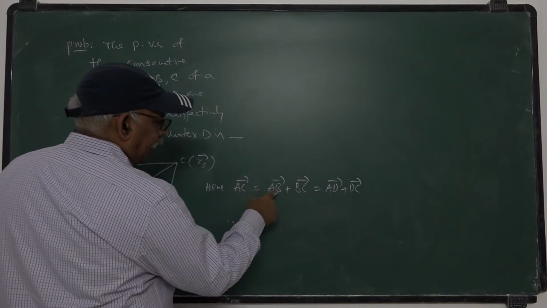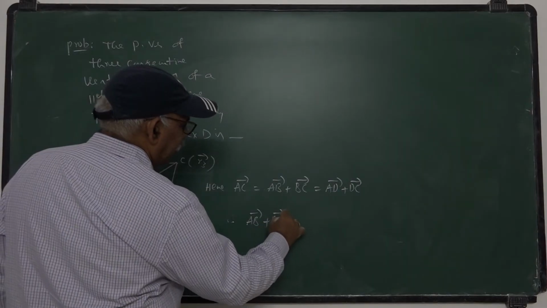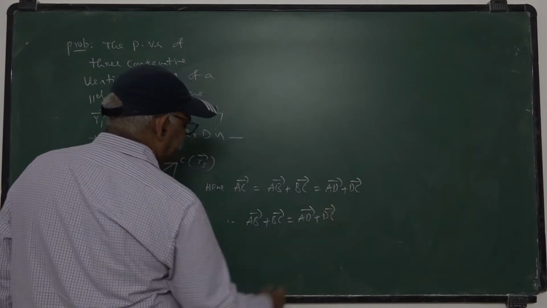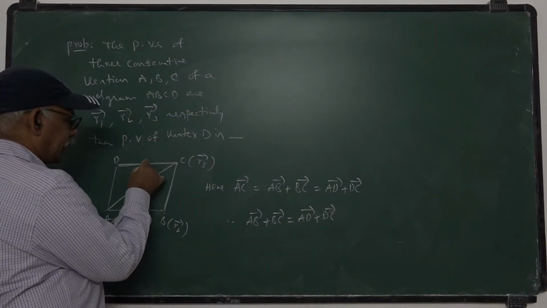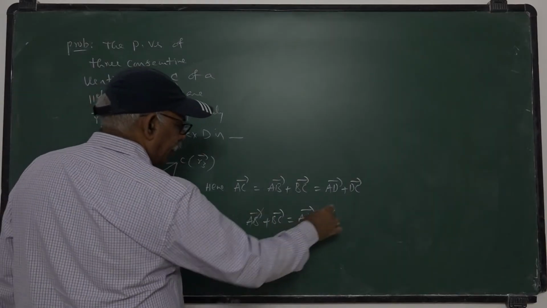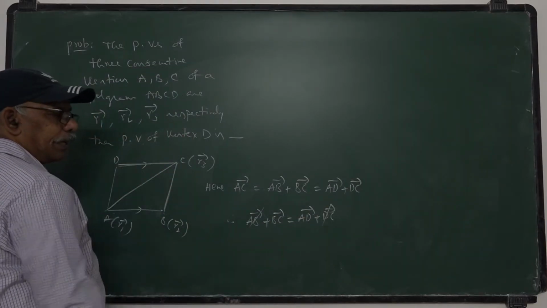So AB bar plus BC bar equals AD bar plus DC bar. Here AB is the same as DC, so you can remove these two. Hence BC equals AD itself.